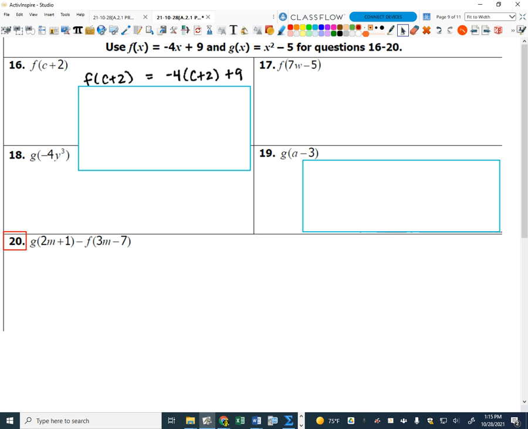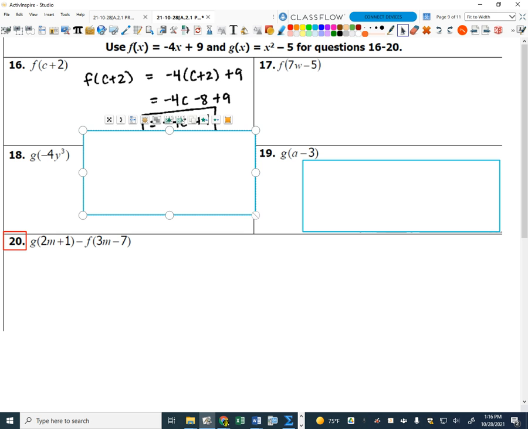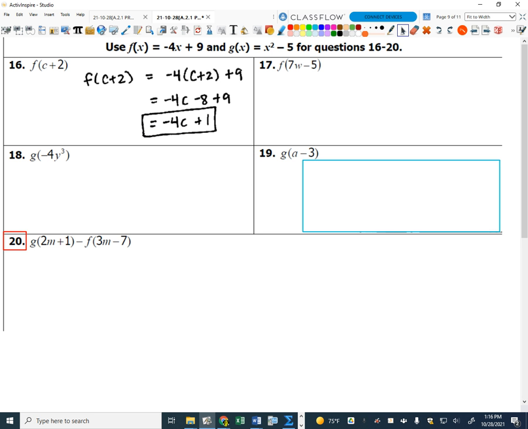That's it. Now, I could simplify that a little bit, right? I could distribute the negative 4 and get negative 4c minus 8 plus 9, combine like terms, and that's my answer. Okay, it's got c's in it, but that's okay, right? I mean, we can't get rid of the c's because we don't know what c is. Okay, but that's the answer that we get, right?